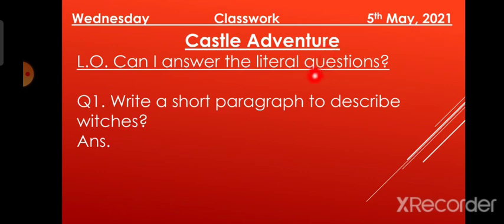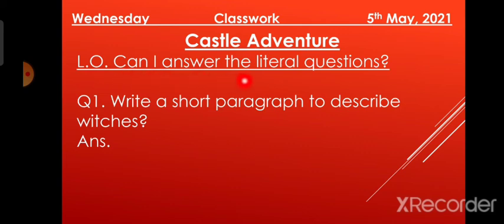Right after the topic, on the next line, you will write the learning objective, that is, can I answer the literal questions? Can I answer the literal questions? Yes. After writing the topic, on the next line, you will write the learning objective.